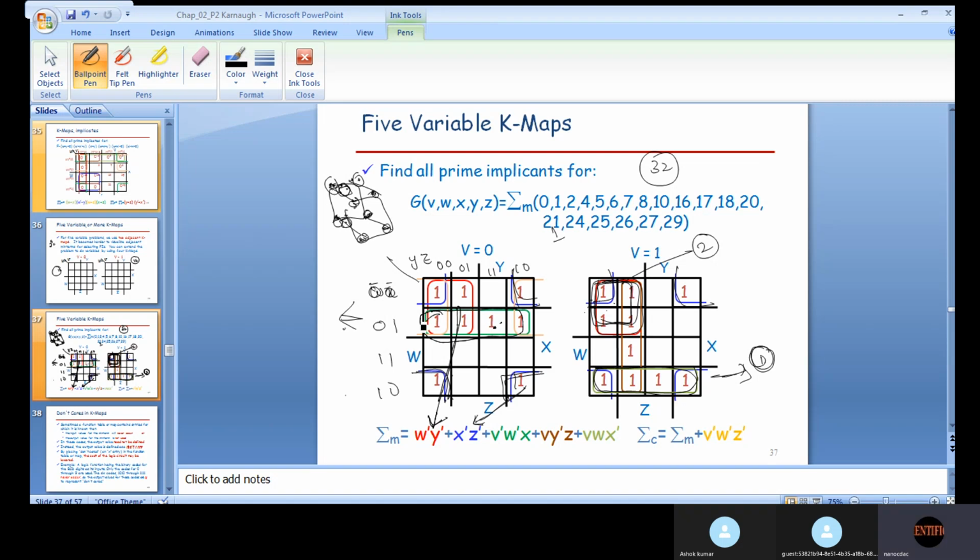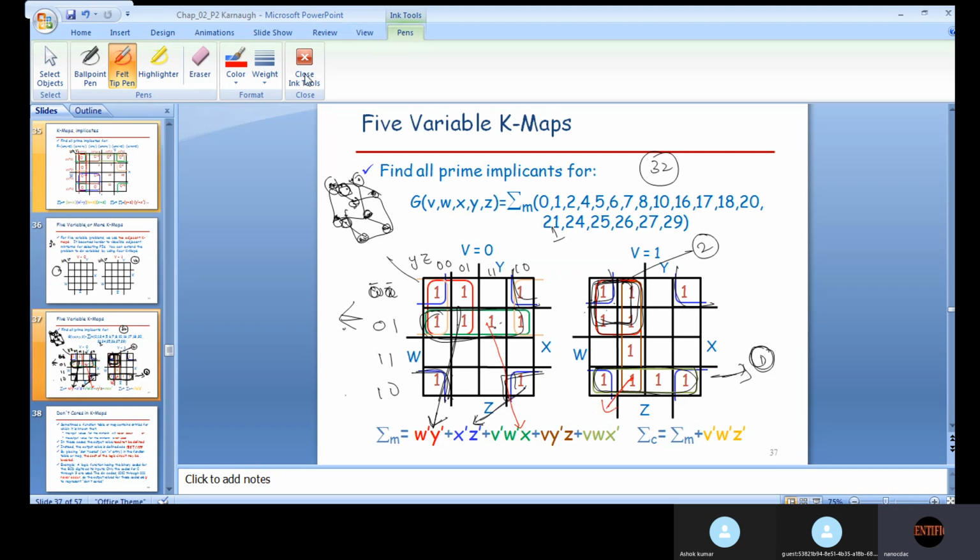Here w bar x bar, v w bar x bar. Okay, sorry, v w bar x bar. Here v w bar x bar. Okay, similarly for this you will get v w x bar.